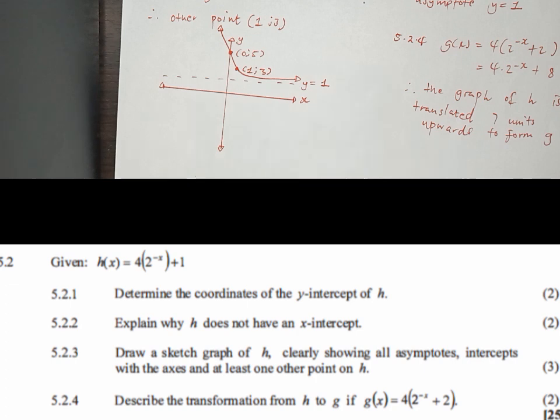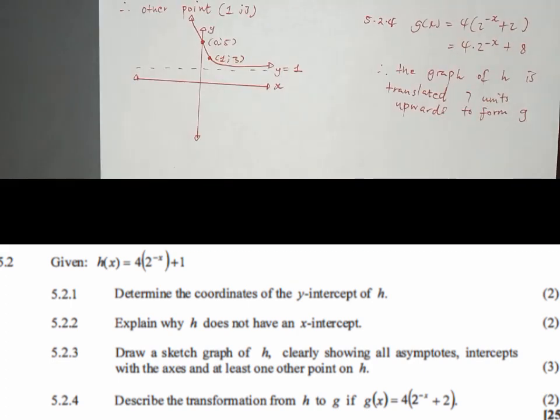Now 5.2.4 says describe the transformation of h to g if g of x is equal to 4(2 to the power negative x) plus 2. You see, now here's what I was talking about. This is where your knowledge of exponents applies. You're gonna distribute this 4 into whatever's in the bracket.